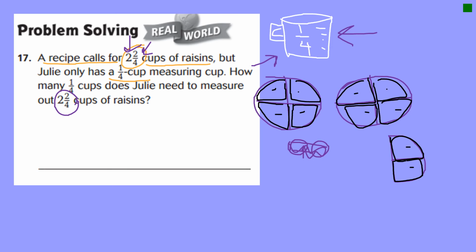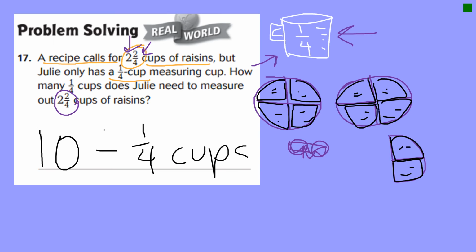So Julie is going to have to fill her measuring cup 1, 2, 3, 4, 5, 6, 7, 8, 9, 10. My goodness. She's going to need 10 1/4 cups. Now that's not a subtraction sign, you guys. I didn't want it to look like 10 and 1/4. Okay, 10 is really the answer. 10 1/4 cups.